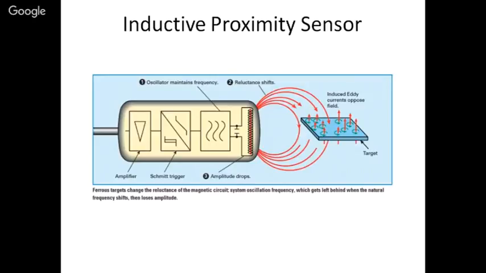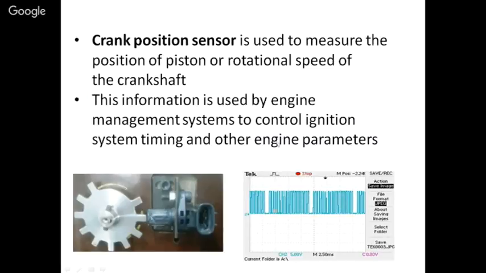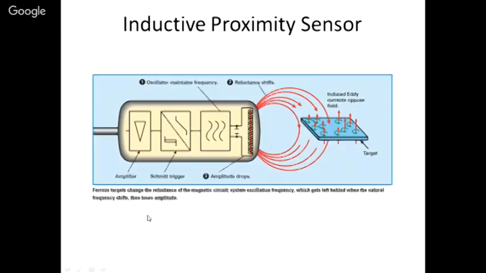Now, whenever a metallic object comes near the sensor, like in this case, whenever a tooth comes near the sensor, what will happen? This magnetic field will induce eddy currents in the target. These eddy currents will set up their own magnetic field and they will try to oppose this magnetic field, as a result of which the oscillator frequency is affected.